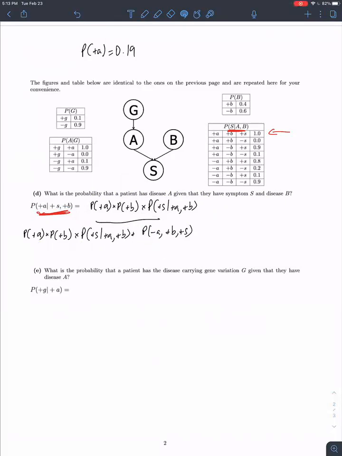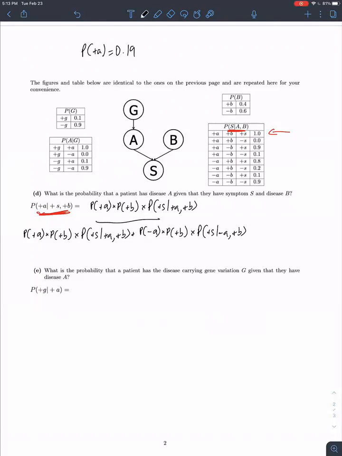And then the probability negative A, positive B, positive S is basically the same thing, but with a negative sign, because this law didn't depend on whether we were talking about positive A or negative A. So we're going to replace it by this, and then we're going to replace every plus A with minus A. So the plus turns into a minus, and this plus here turns into a minus.